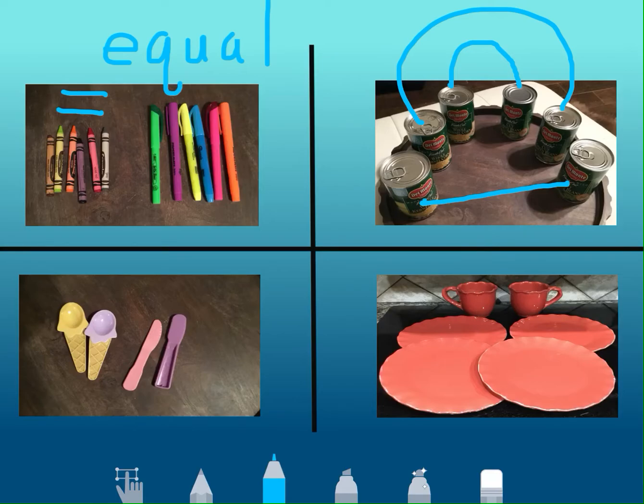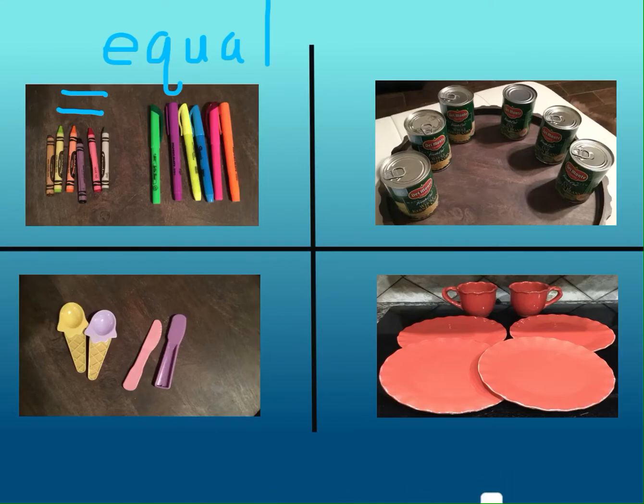No. This can has a partner, this can has a partner, and this can has a partner. There are 3 cans of corn and 3 cans of green beans. So there are an equal number of cans in each group.